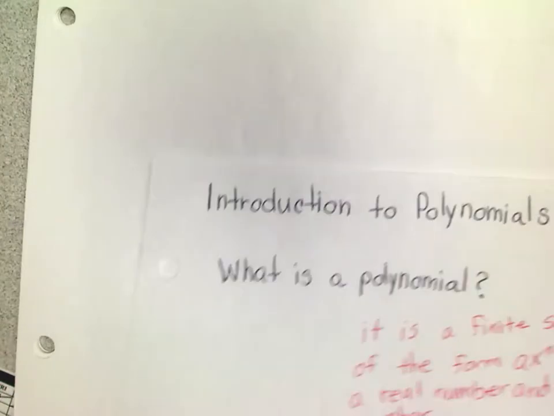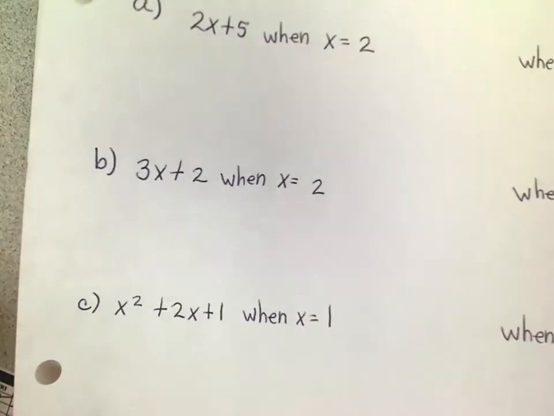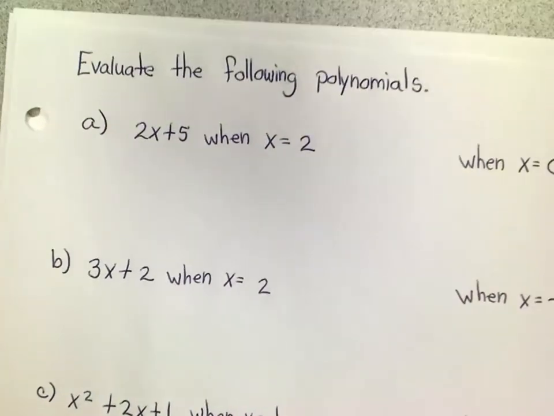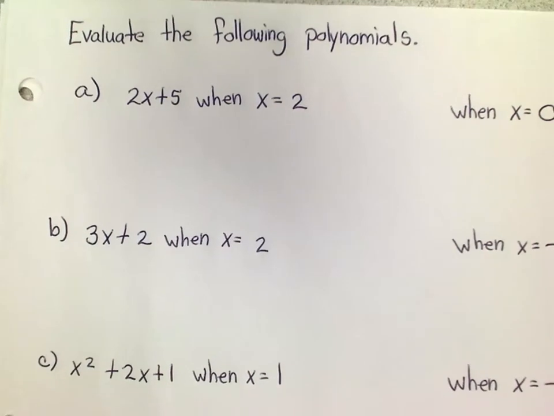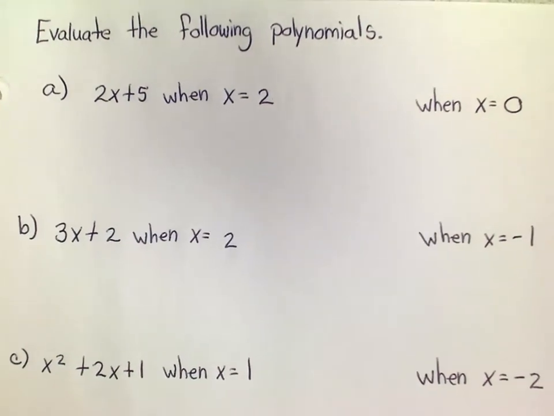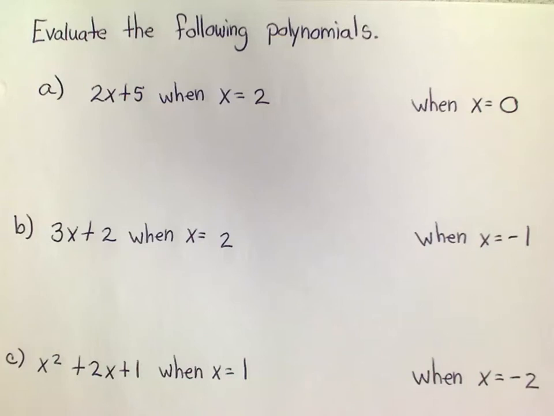Now, let's evaluate polynomials when values are equal to denoted variables. So the directions will say evaluate the following polynomials. Okay, so for part A, it says 2x plus 5 when x is equal to 2.